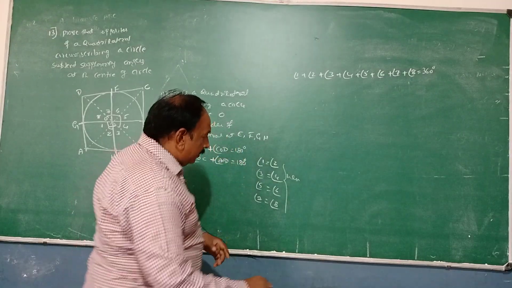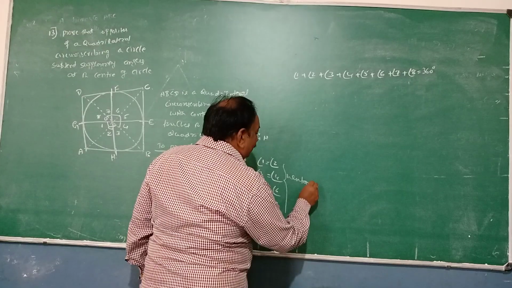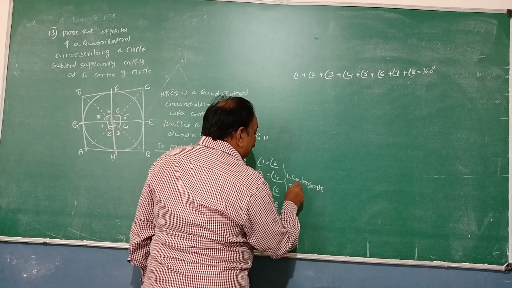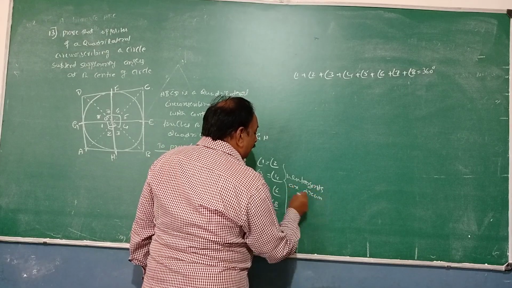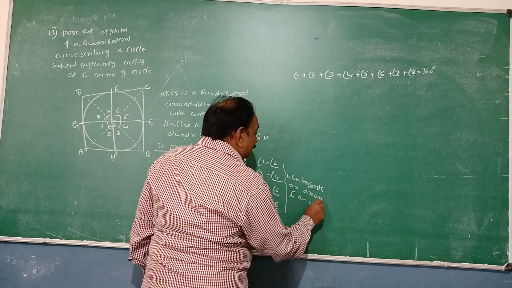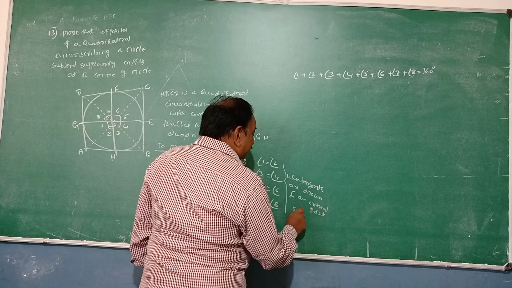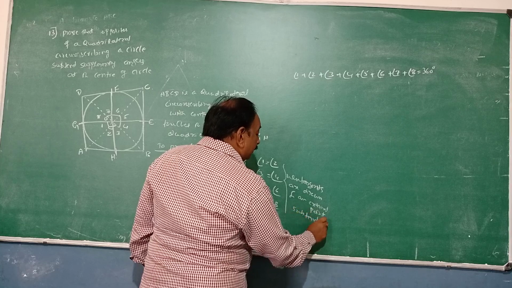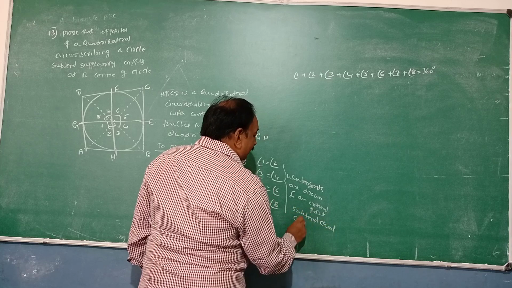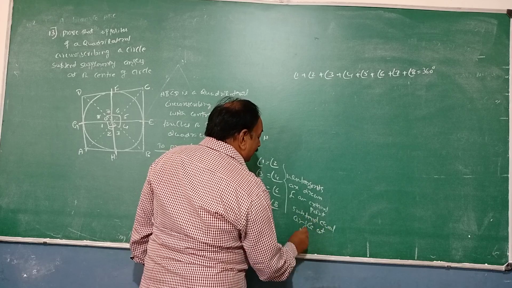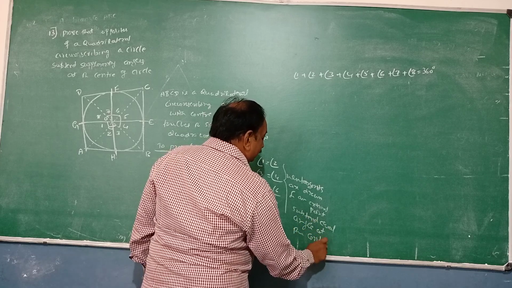Reason: tangents drawn from an external point subtend equal angles at the center.